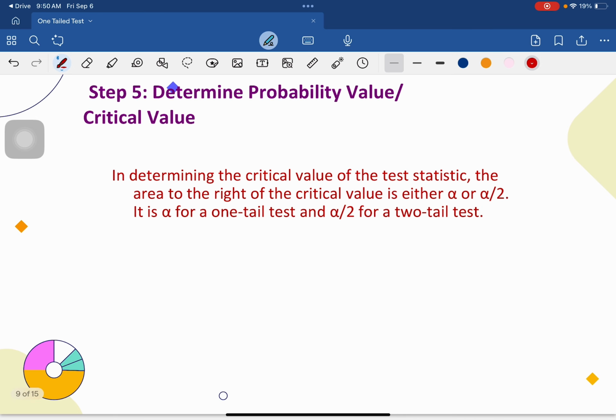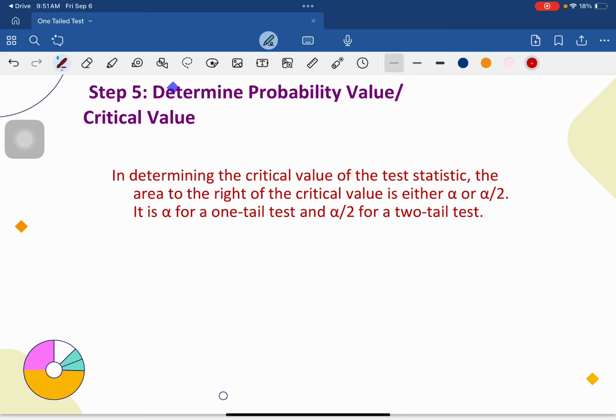And then for step 5, determine the probability value or the critical value. Yes, we begin to compare at a certain significance level or a certain confidence level, and we will get the z critical, or the critical z value.